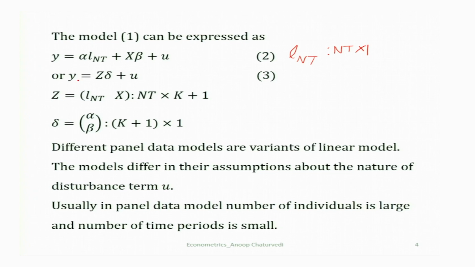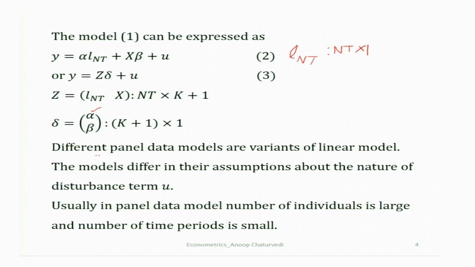Or we can write the model in the form y equal to Z delta plus u, where the matrix Z is defined as l_nT, X. So, the order of Z is nT cross k plus 1. It has nT rows and k plus 1 columns, and delta is defined as alpha, beta. So, it is the vector of all the regression parameters including the intercept alpha, and the order of delta is k plus 1 cross 1.